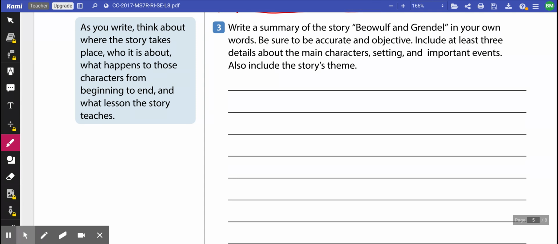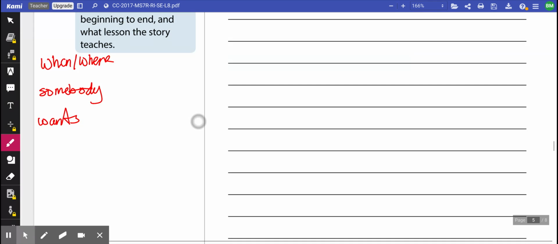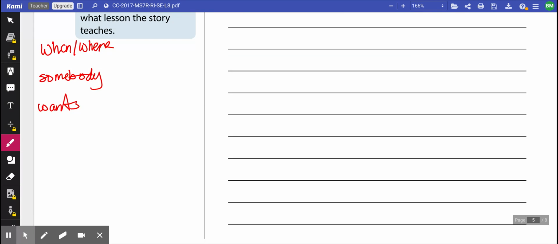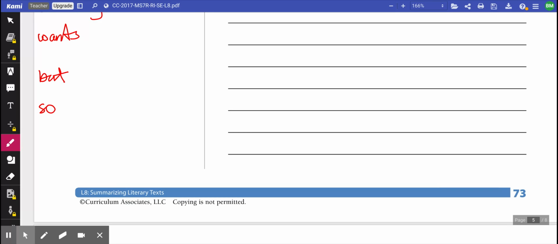Okay. So if it helps you, you might want to write the when, where, and then somebody wants, but, so, then, and then theme.